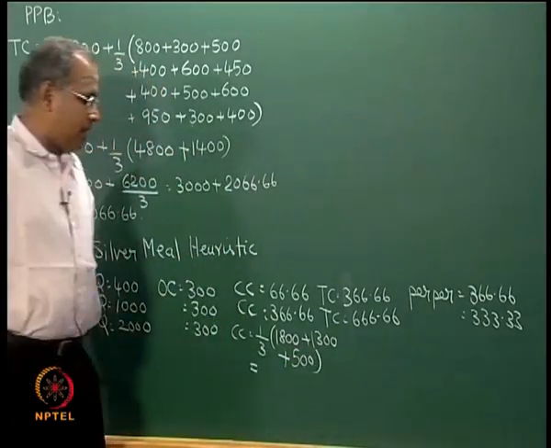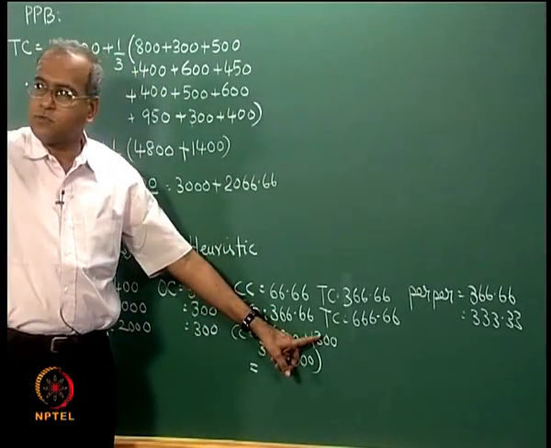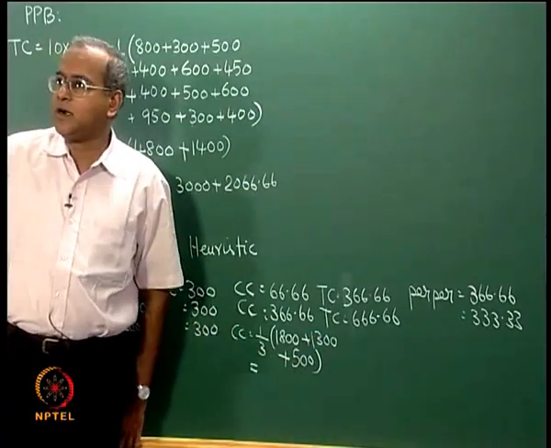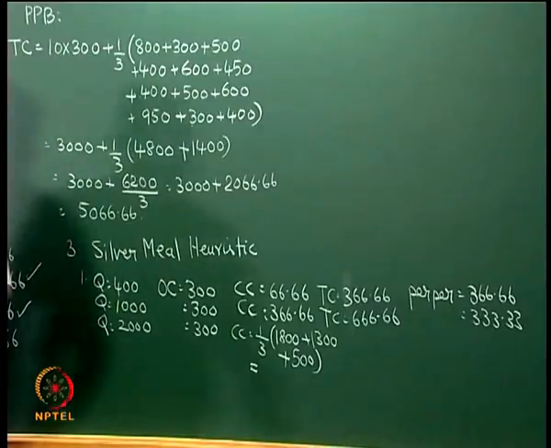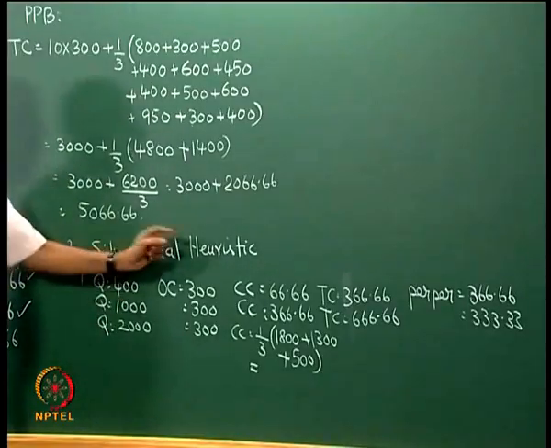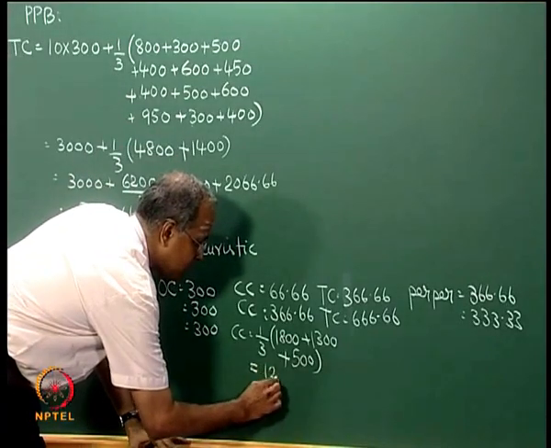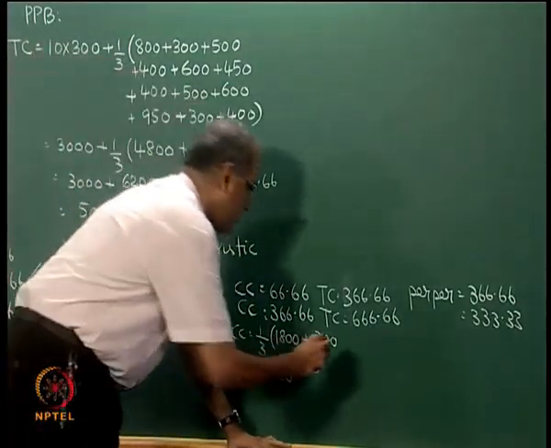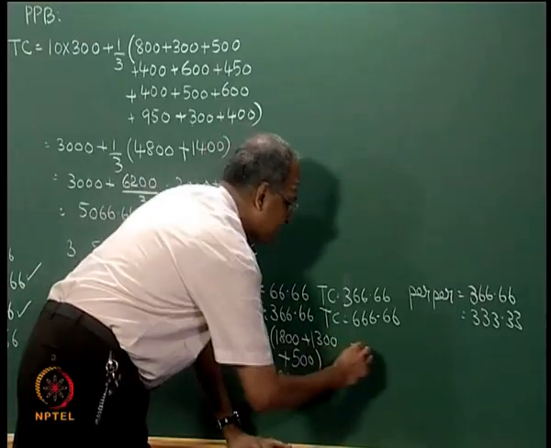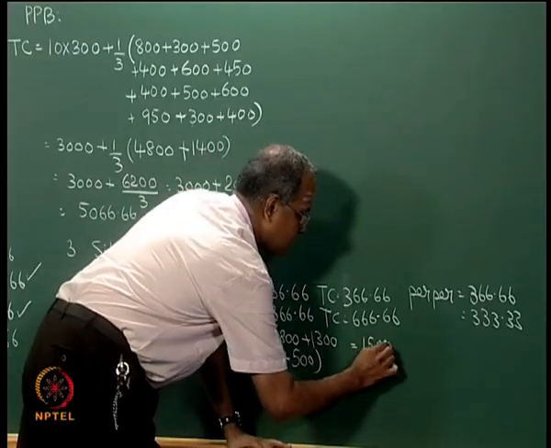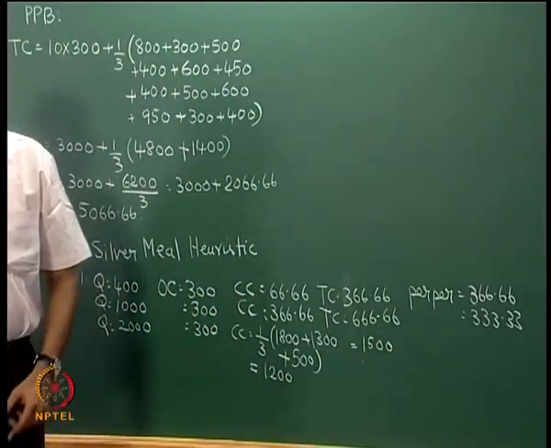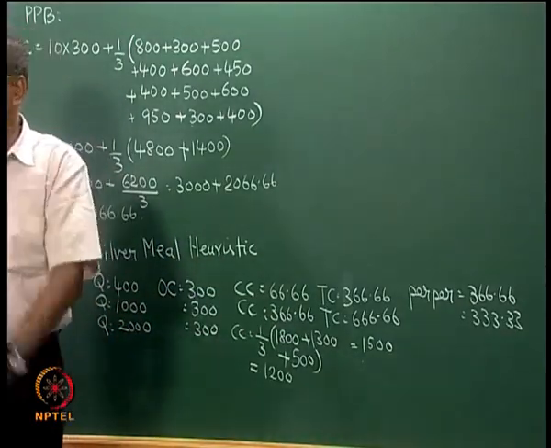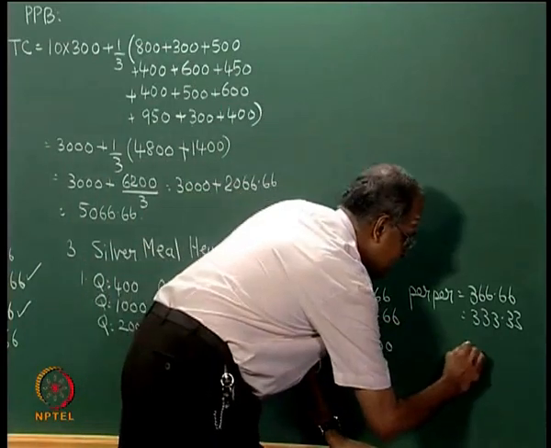So, this alone will be 1800 plus 1300 is 3100, 3100 plus 500 is 3600, 3600 divided by 3 is 1200. So, total cost will be 1200 plus another 300, which is 1500, and the per period will be 1500 divided by 3 periods, which would give us 500.